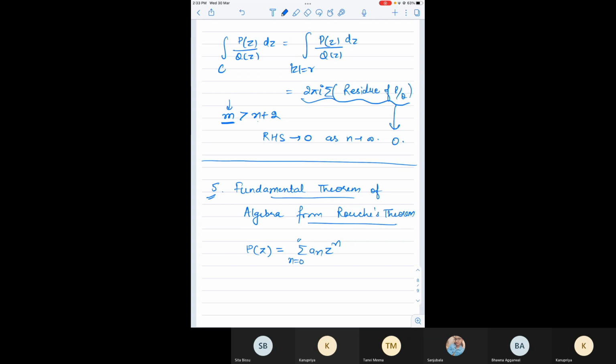So we are assuming any polynomial of degree n. We have to show that this p has n roots in C, right? Yes or no? Yes, ma'am.